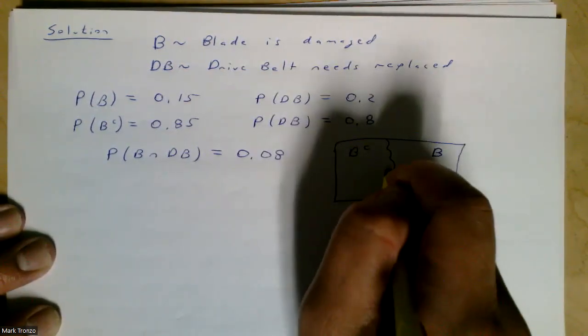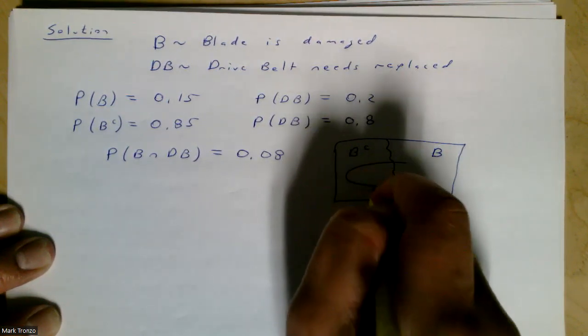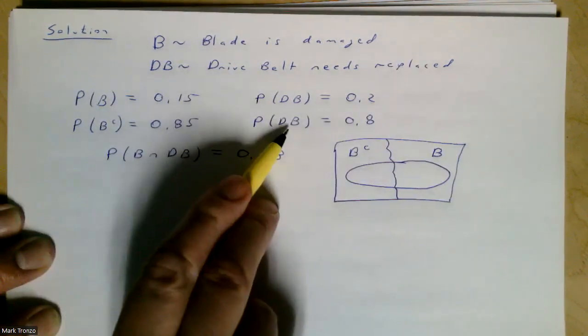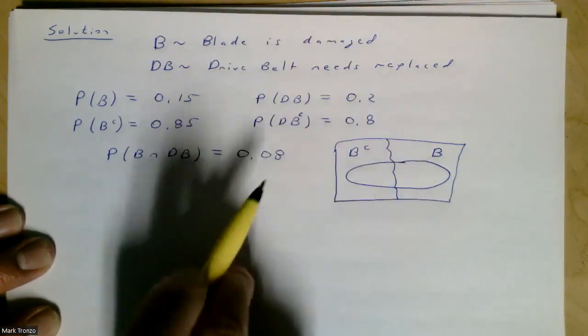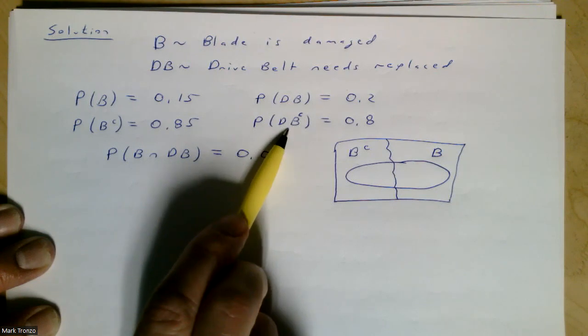And then event DB. I made a mistake up here, by the way. This should be DB complement here, shouldn't it? Sorry about this. Notice up here, this should be DB complement.